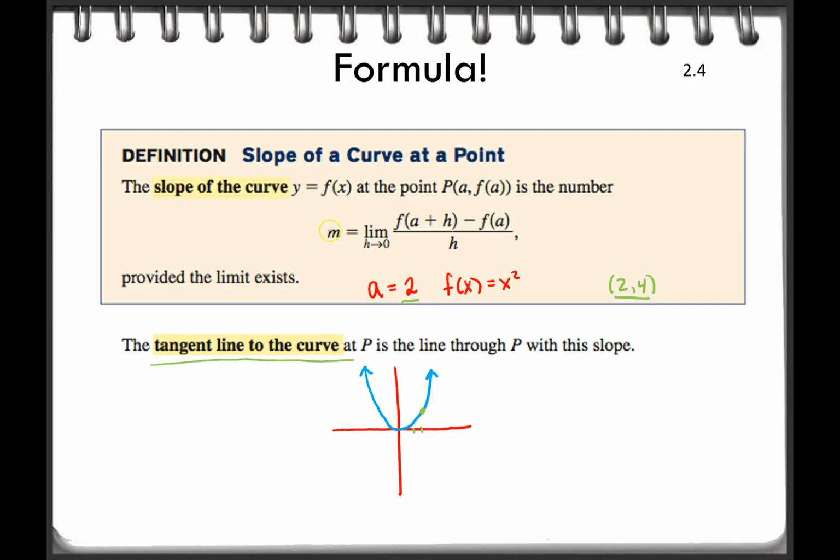Let me highlight the m there. m is the slope of the tangent line at that particular point, at a equals 2.